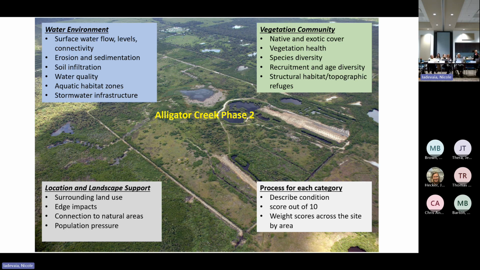So there is a lot of scope for making decisions in the field and in advance of going to the field for what we're going to key in on. And at the end of that process, we get a score out of 10 for each of the categories and for each of the sections that we have. The template will actually use the weights we've assigned and calculate the bottom line score. So, next slide.